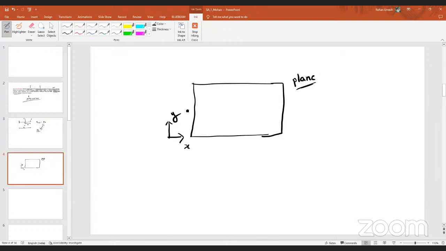Two other planes I can also write, isn't it? If I'm talking about two-dimensional problems, obviously we have 2 dimensions. Either I can have XY. What else can I have? I can have the YZ plane. Or what is the other plane that we can have? The XZ plane, right?